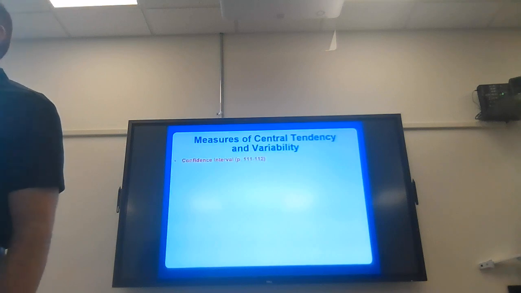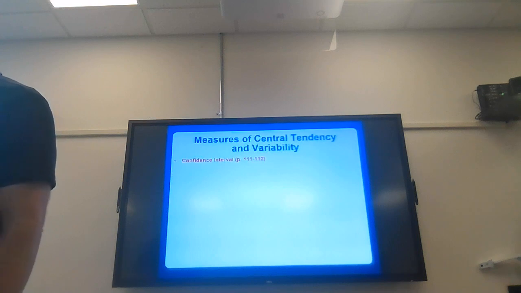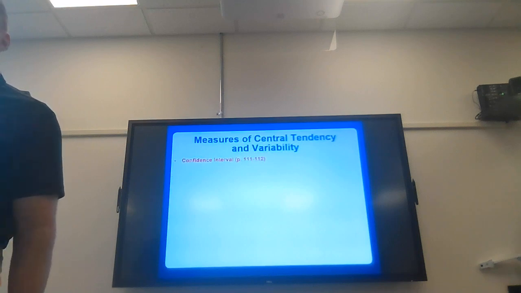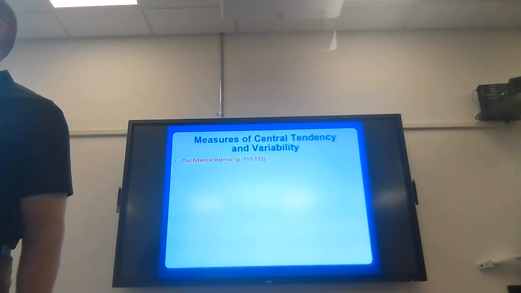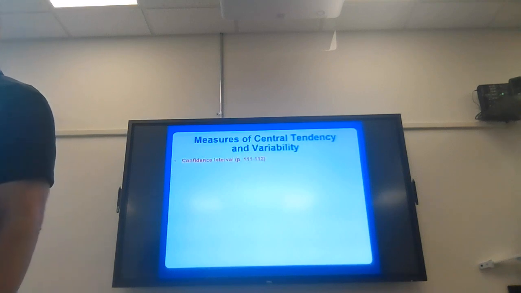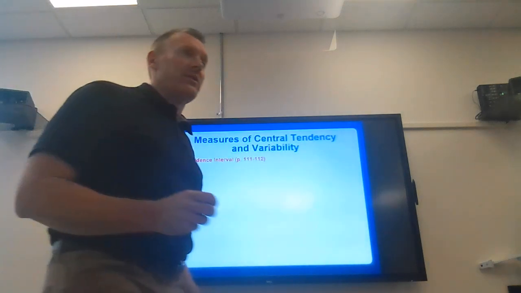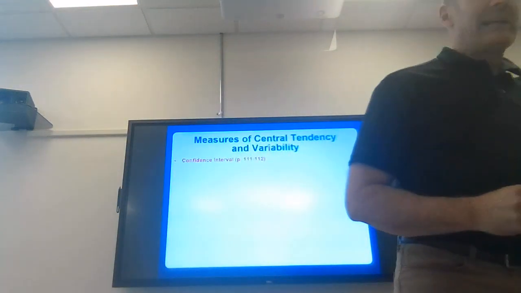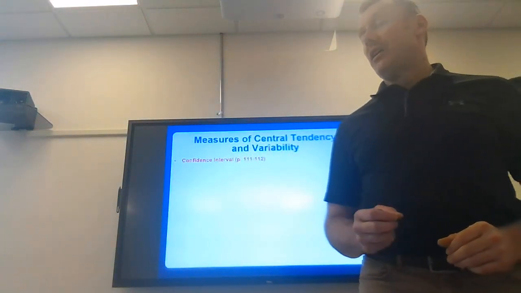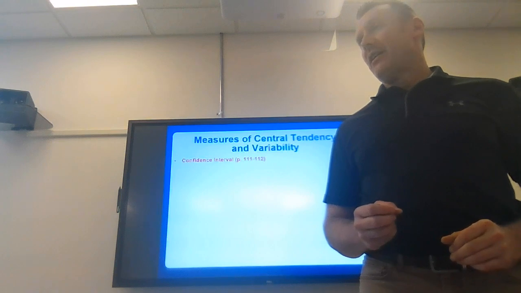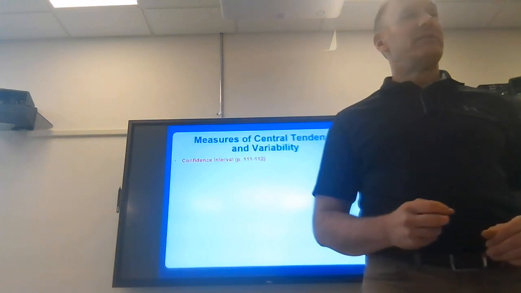And so if you have a very large population and you draw several samples from that population, you would expect the mean of each of those samples to be a little bit different from the overall population mean. And so in order to provide a more accurate picture of the population mean, we calculate a confidence interval.